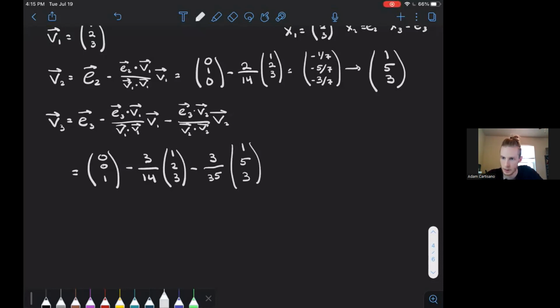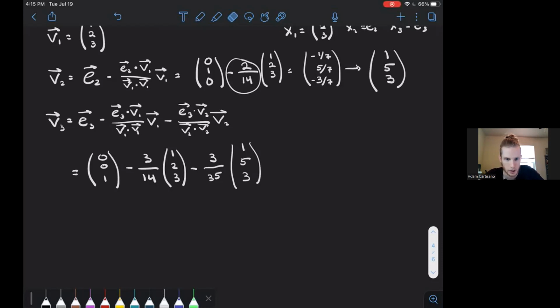I literally said the thing about checking your computation. I'm almost positive there's an error here. 2/14 is 1/7. Negative 2/14 is negative 1/7. Times 2 is negative 2/7. Plus 1 is positive 5/7.